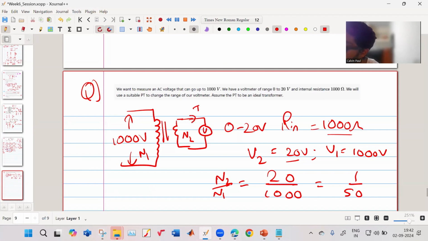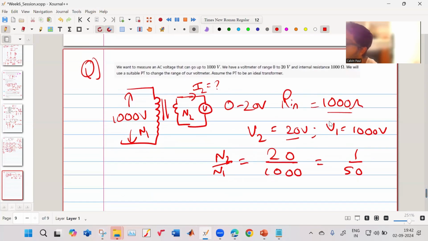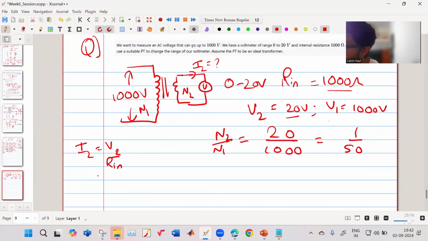So the current I2 is V2 upon R, that is 20 upon 1000, so 0.02 ampere.